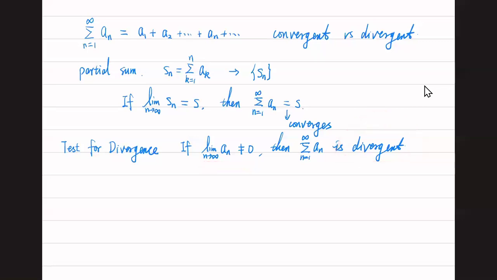So here is an example we can check. This one is 1 minus 1 plus 1, and so on. Looking at the entry, if we take the limit, it doesn't exist.